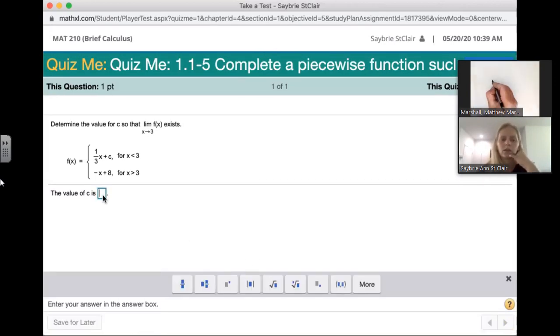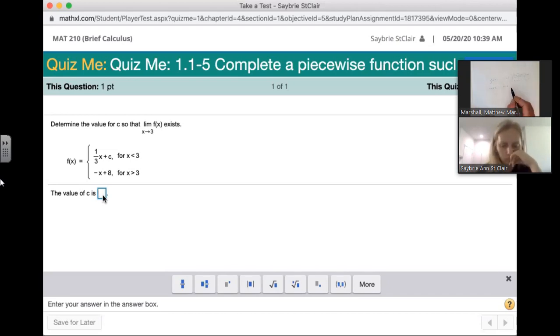So same thing, 1/3 x plus c, negative x plus 8, approaching it from the left and the right to 3. Yep, just like we did. So 2.9 you're going to plug in for x, 2.99, 2.999.